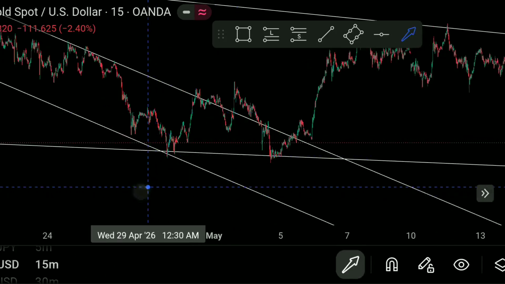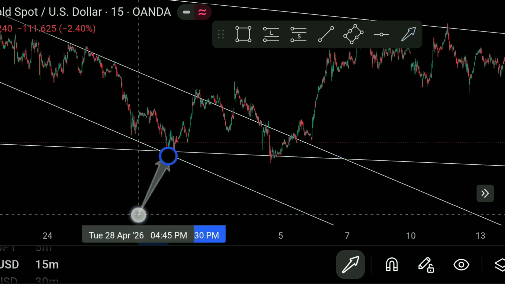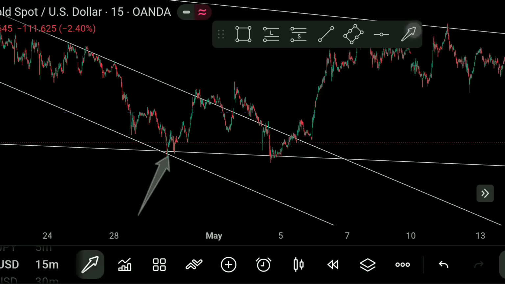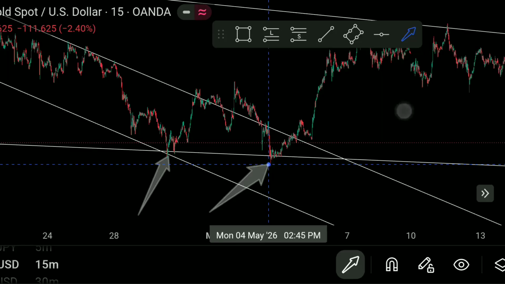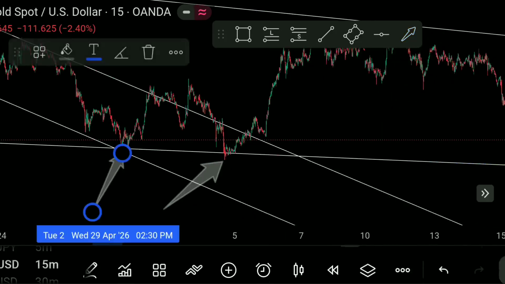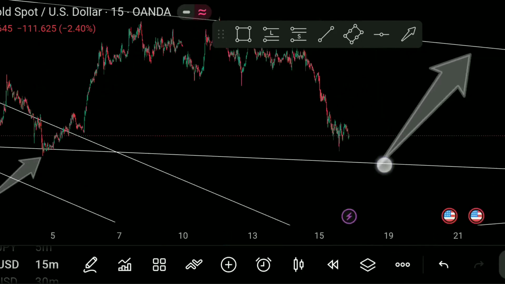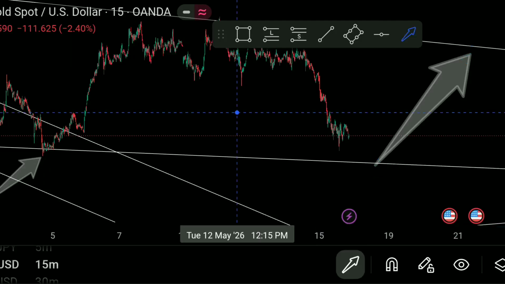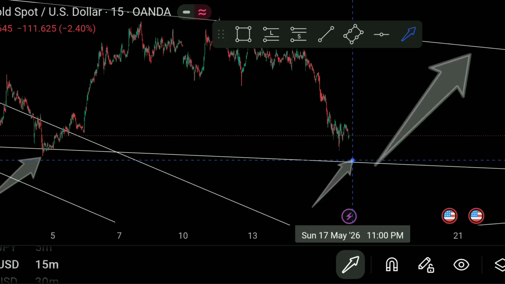You can see this first touch here, right? That is the first touch. You can see the second touch here. That is the second touch. So this is the first touch, this is the second touch, and it went up. So this touch here now is more likely going to be respected, right?